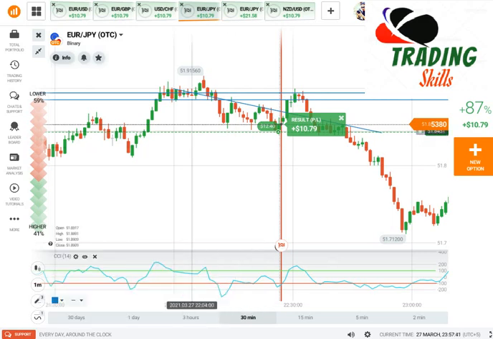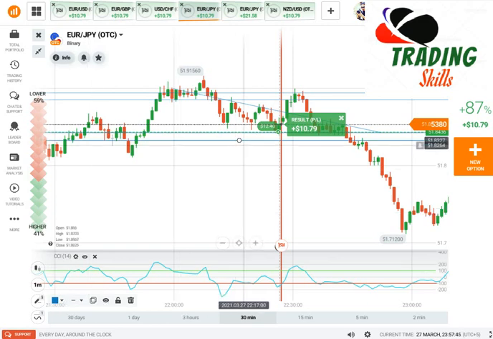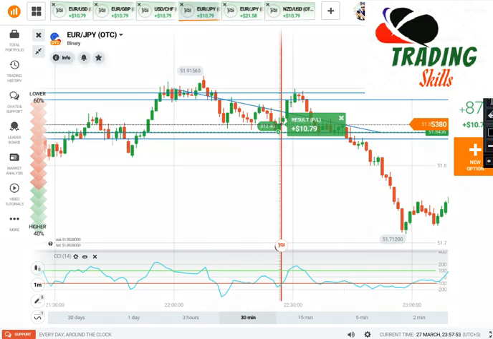You can see this is a support and resistance area. Because of this SNR, you can see here support, resistance, resistance, support. Because of this level I took my trade, because this is a complete SNR.